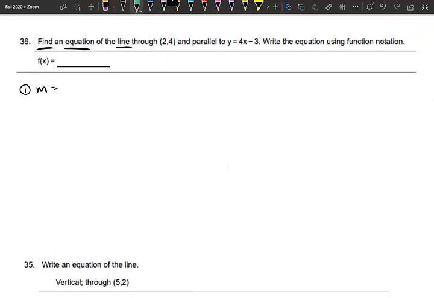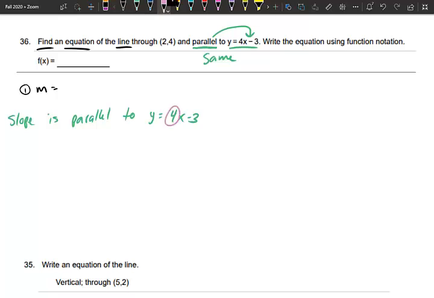It says it's the line through (2, 4) and parallel to y equals 4x minus 3. Parallel means same. So we want to pull our slope out of y equals 4x minus 3. That means our slope that we're going to use is 4.